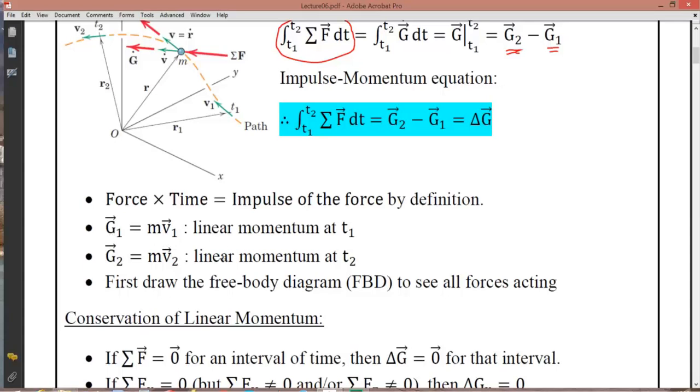G1 is defined as the linear momentum at T1, G2 is the linear momentum at T2, and the first thing we need to do for such an investigation of impulse momentum is to draw the free body diagram and observe the forces acting on the particle.